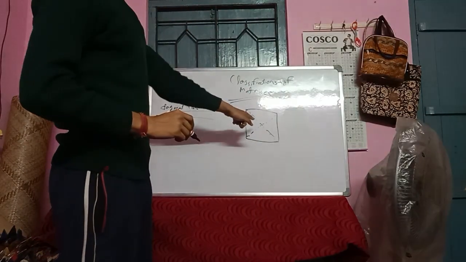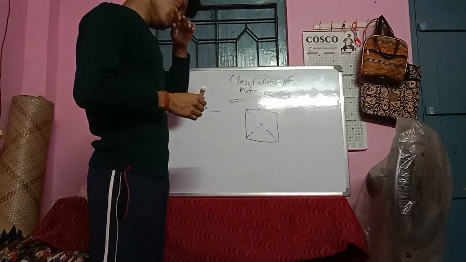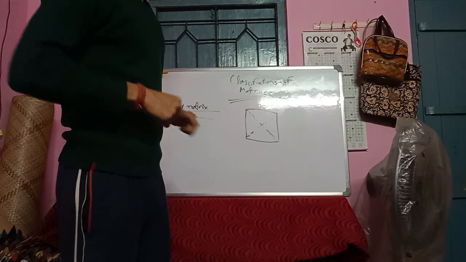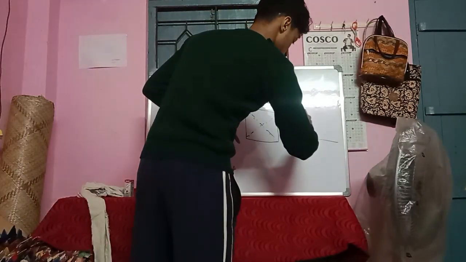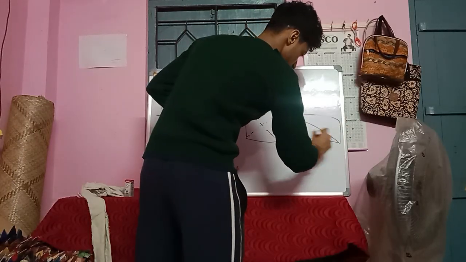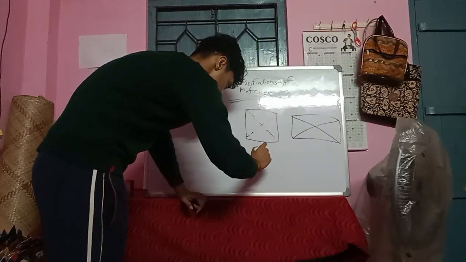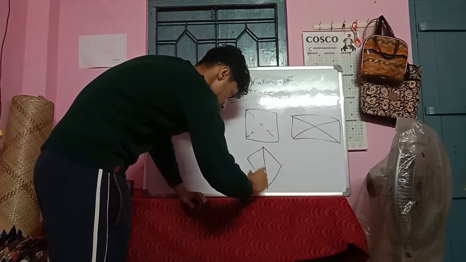Now this is a quadrilateral with two diagonals. We can draw diagonals of any quadrilateral, be it a square like this one, or a rectangle like this one, or maybe a rhombus like this one. I think it's called a kite.